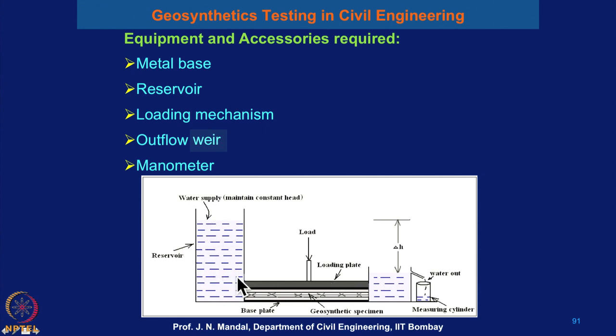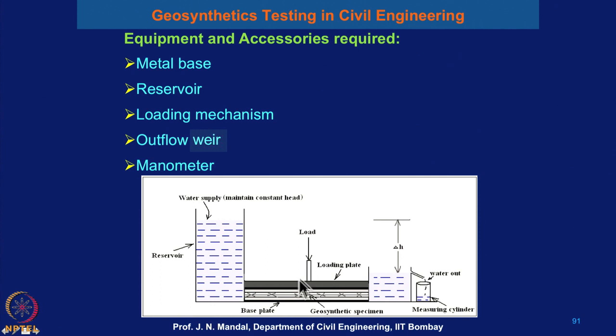Water is flowing along the plane of the geosynthetic material, and you are collecting the water in a container, so you know the quantity of water that passes along the plane and is collected in this water jar at a particular time. The difference in head is equal to delta H.